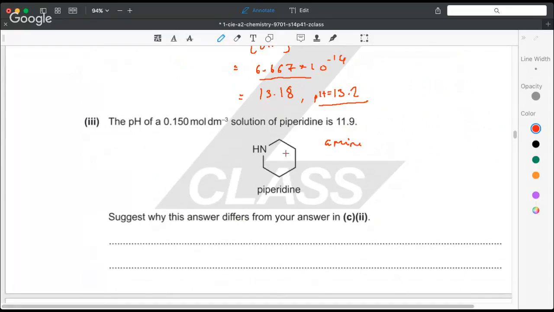It just happens to be cyclic. There, you've got the carbon chain going around. And it's actually a secondary amine. And you know that amines have a lone pair of electrons on them, and that is what makes amines basic. So this is just a secondary amine, drawn a bit like this.